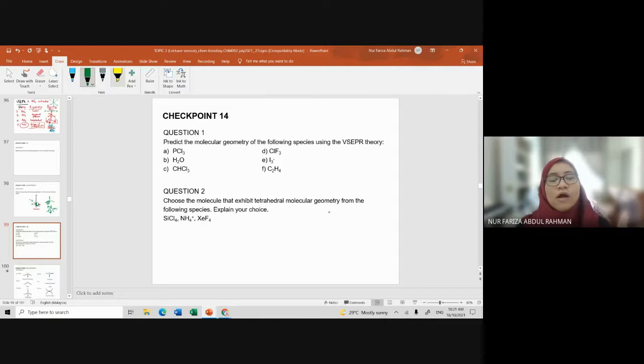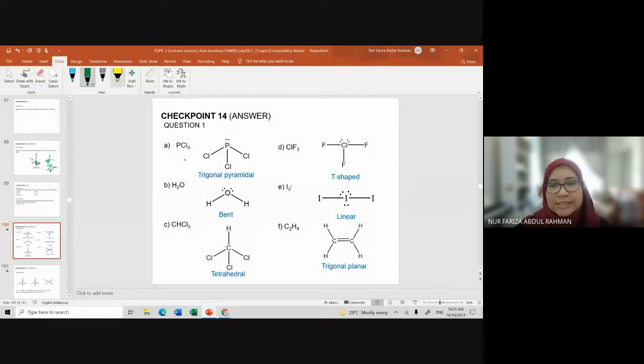Then you go for electron geometry. Identify the electron geometry. You have to draw based on the electron geometry that you have identified just now, and only then you go for molecular geometry. So this should be your drawing, this should be your molecular geometry.